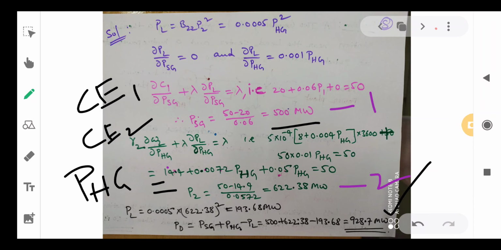By using these two equations, let us compute P1 and P2, the thermal power generation and hydropower generation respectively. After getting that, PL is the line loss, which can be computed with the help of hydropower generation. After getting the line loss, you can compute the demand. Demand is equal to total generation minus line losses. That is 928.7 megawatts.